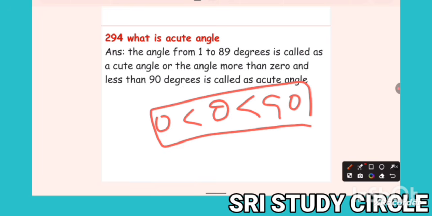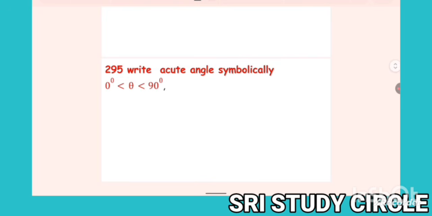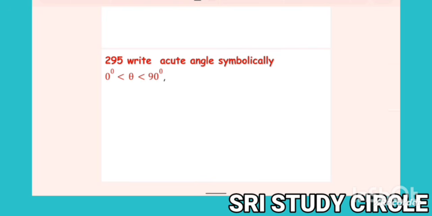The angle from 1 to 89 degrees is called acute angle. Written symbolically: 0 degrees less than theta less than 90 degrees.